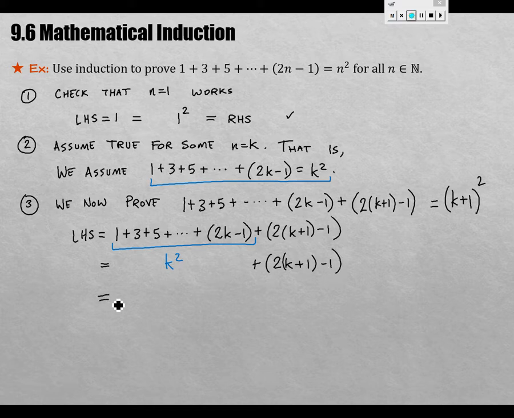There's a little more work to do, but you see how powerful using the assumption is. Again, this all hinges on whether this assumption actually is true or not. But if it happens to be true, then it follows that the next case must be this, which is equal to, does this come out to k plus 1 squared?